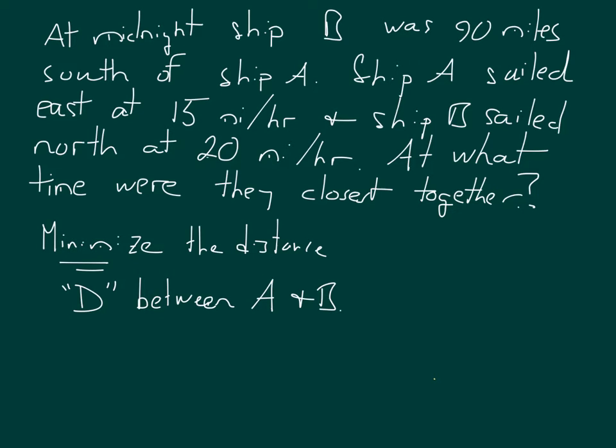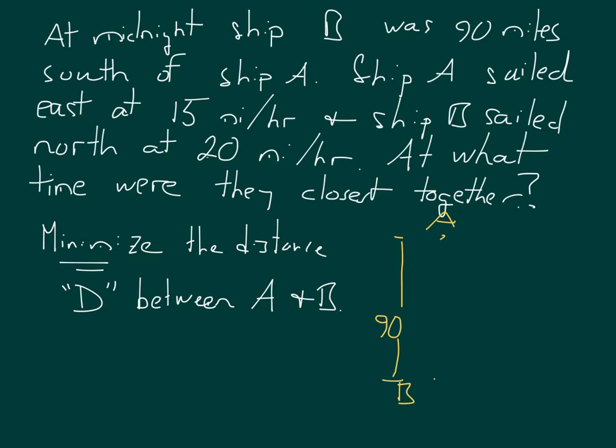We have ship B right here at midnight, 90 miles south of ship A. So let's say this is A right here. Okay, and this distance between A and B at midnight was 90 miles.